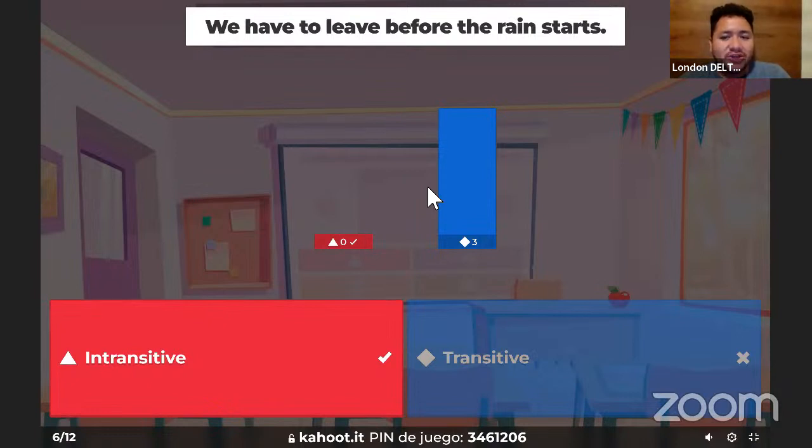Ok, let's check again. El verbo leave. We have to leave. Nos tenemos que ir. Nosotros, ¿verdad? Habla acerca de nosotros. Before the rain starts, la lluvia comienza. De nuevo, la lluvia no comienza nada. La lluvia, simplemente estoy diciendo, comienza ella misma. ¿Ya? Do you understand?